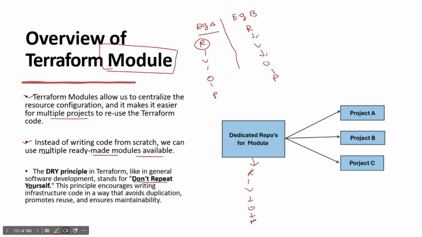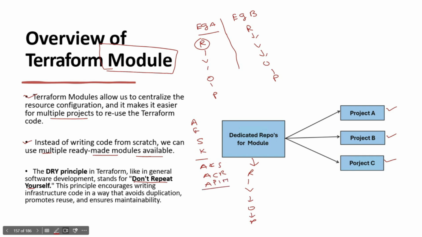And we are going to call these from project A, project B, project C. In this module, we are going to have all the configuration: app service plan, function app, storage account, key vault, then AKS, ACR, APIM.